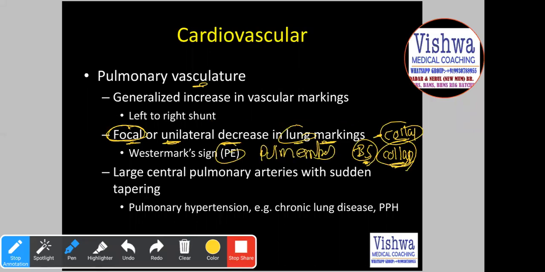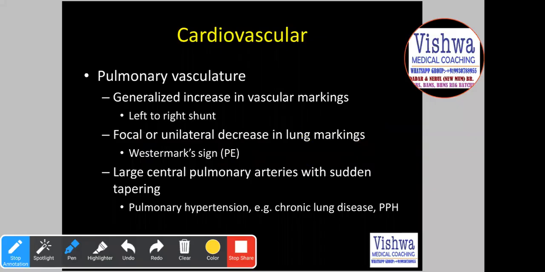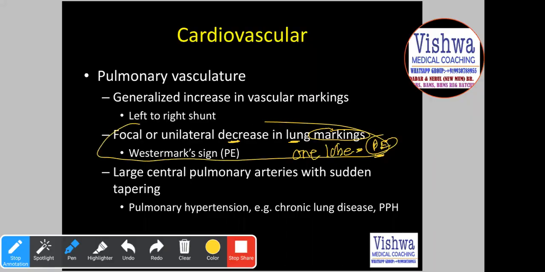So pulmonary embolism can be seen in an X-ray. Now think about it. It's a miracle that if you are able to see those vessels, and there is a decrease in the markings in the pulmonary vessels in one of the lobes, think about pulmonary embolism, because an embolism will block that particular vessel. So see how much we can see in the X-ray.